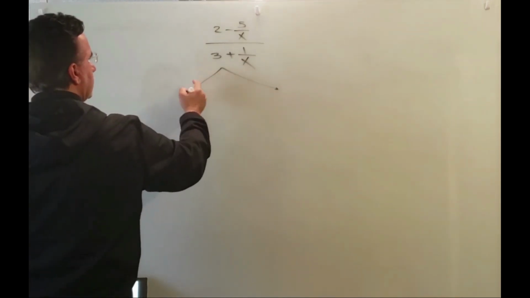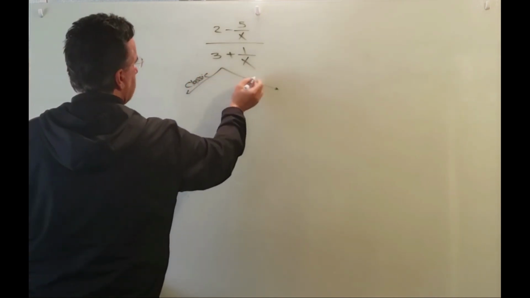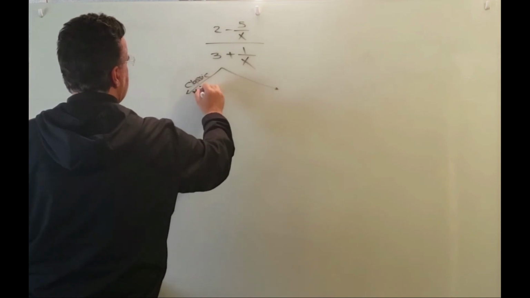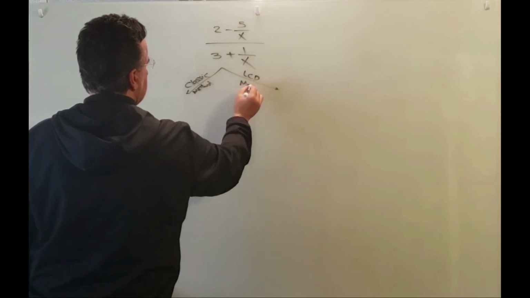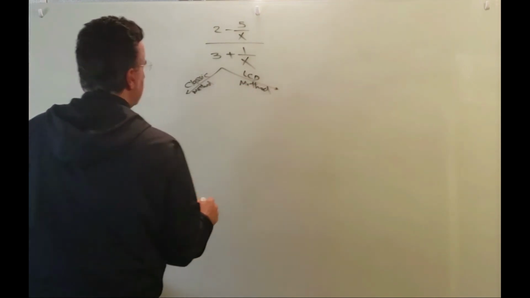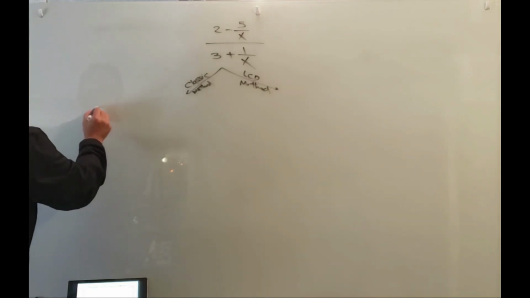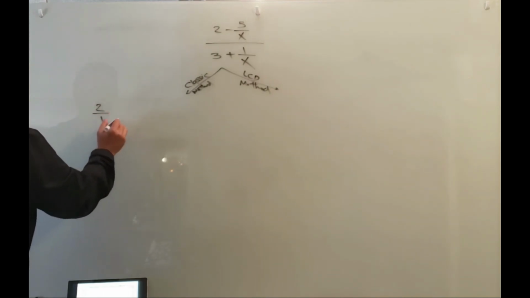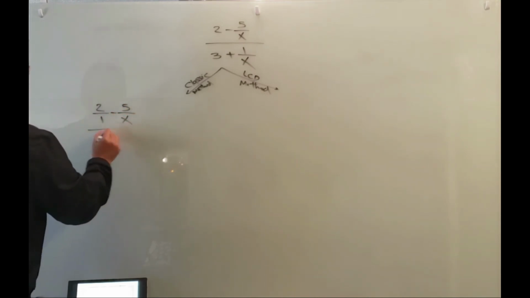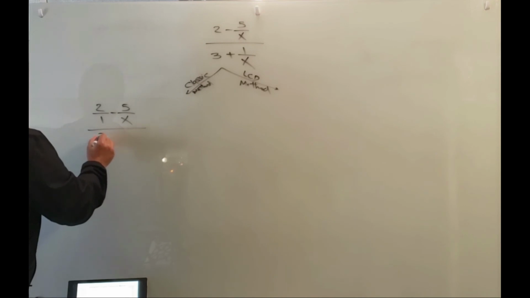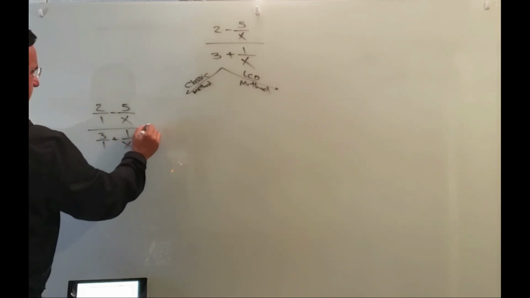This one you can think of as the classic method, and this method you can think of as the LCD method. Okay, so for the classic method, you notice that that's basically like 2 over 1 minus 5 over x, over 3 over 1 plus 1 over x.